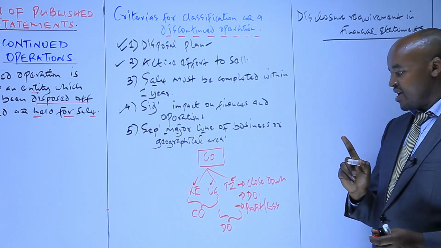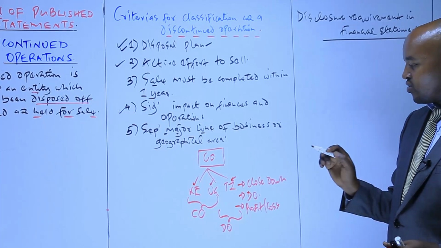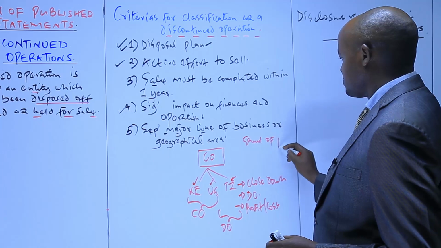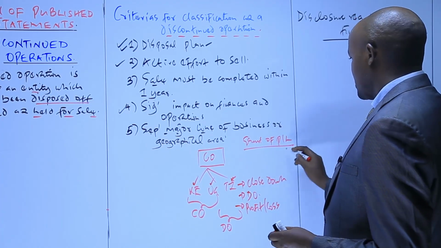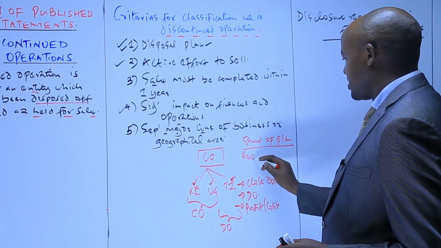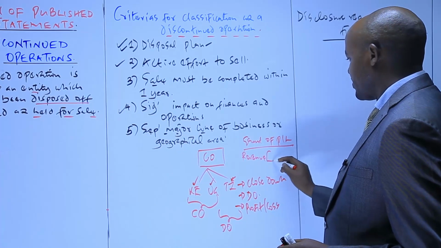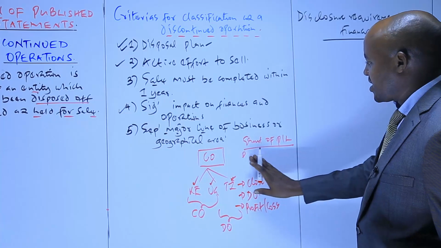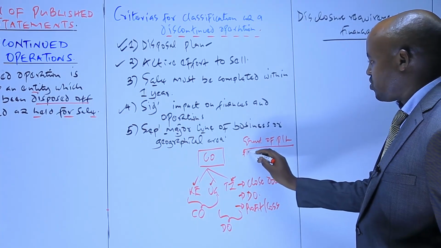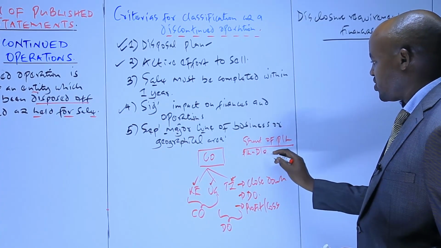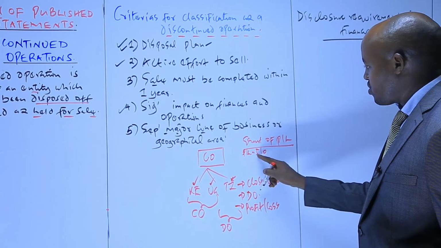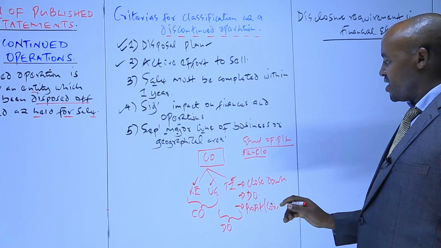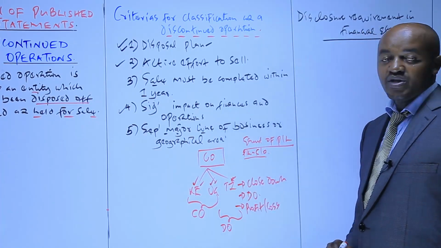According to IFRS 5, when this company is preparing the statement of profit or loss, it should determine the profit or loss from discontinued operations separately from continuing operations. Continuing operations are the branches which are still operating.